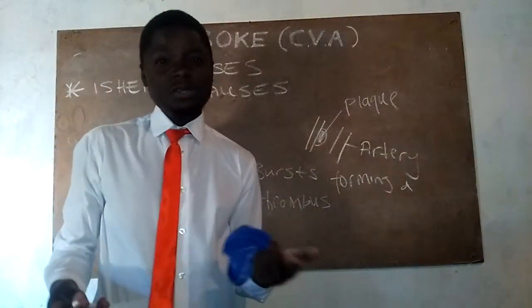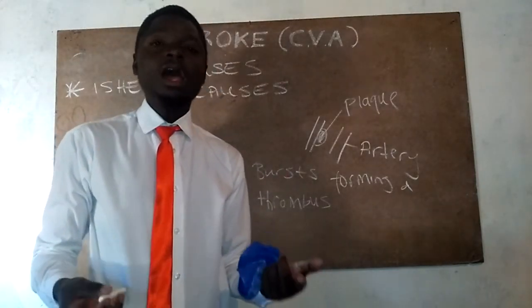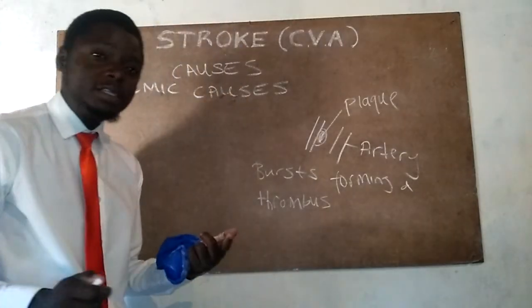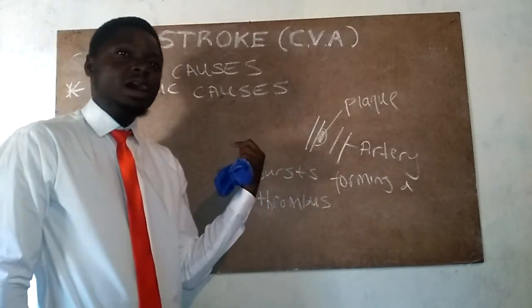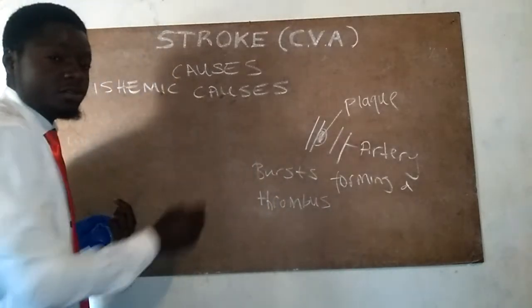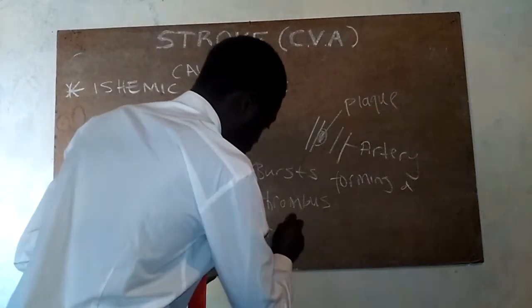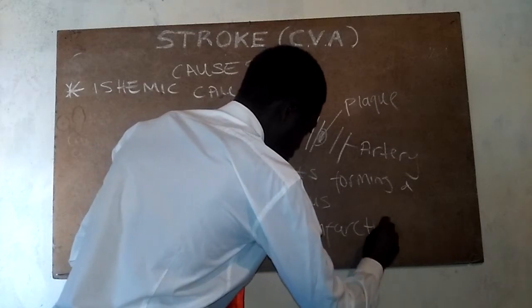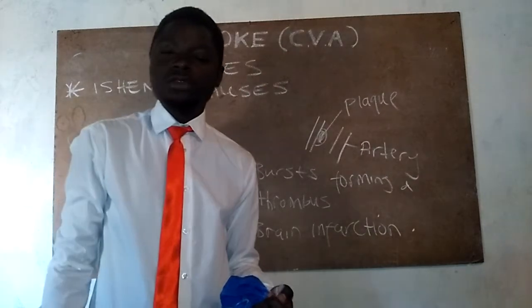An emboli will travel in the bloodstream to the brain, and then it will cause stroke. It will cause a blockage in one of the arteries, commonly the middle cerebral artery, and as a result cause brain infarction, death of the brain cells. That's what ischemic stroke is all about.